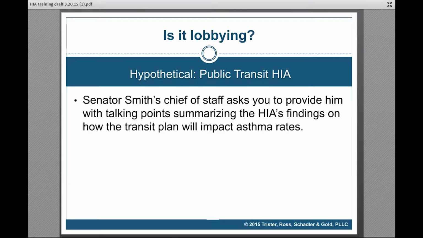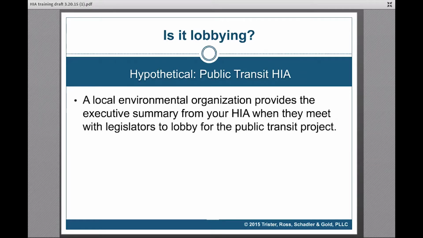So let's talk about this hypothetical public transit HIA. A local environmental organization provides the executive summary from your HIA when they meet legislators to lobby for a public transit project. Pretty much exactly what Sheila just asked. So I'm not going to beat a dead horse with it.